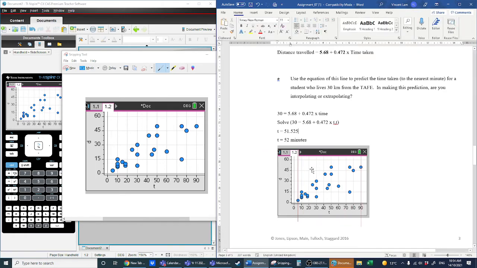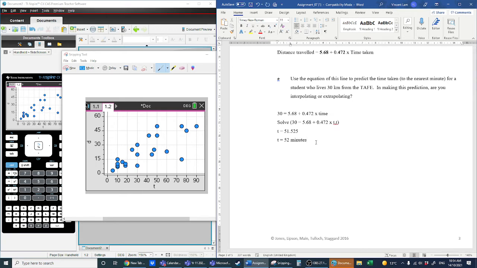Everything inside the two lines is interpolating, and everything outside, so on the left of this line and on the right of this line, is called extrapolating. So t is 52 minutes, and then this prediction would be interpolating.